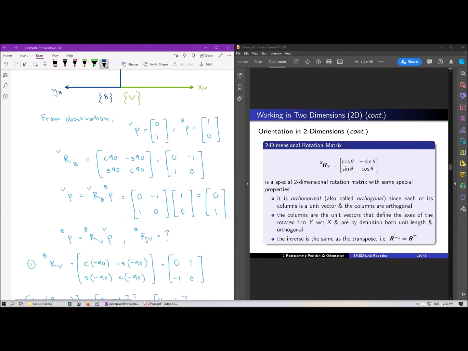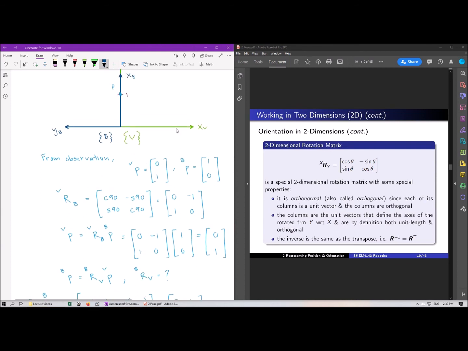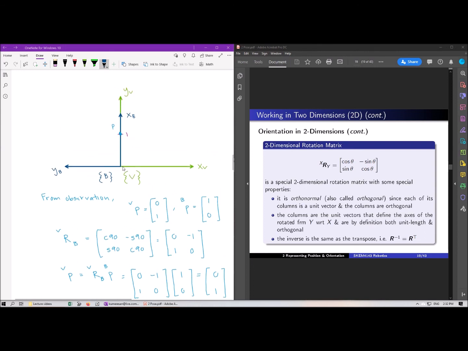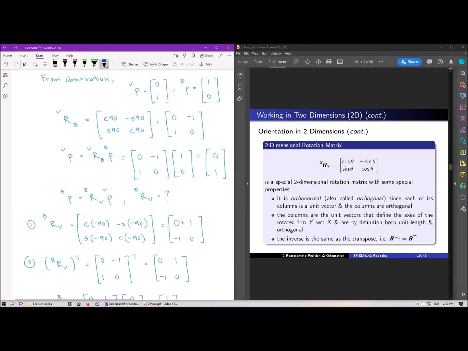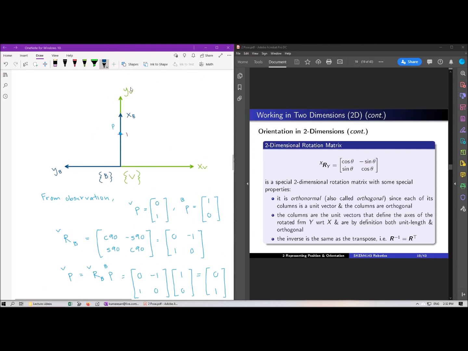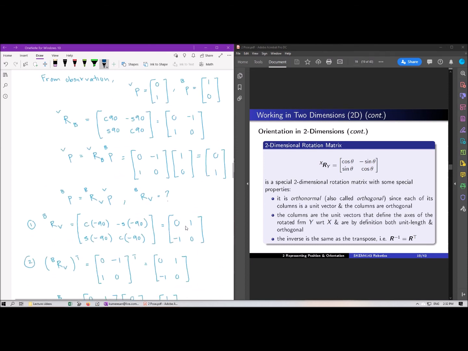So let's look at XV. What is the unit vector of XV, which is pointing this way with respect to coordinate frame B? It is 0, minus 1. What is the unit vector of YV, which is pointing upwards with respect to coordinate frame B? It is 1, 0.